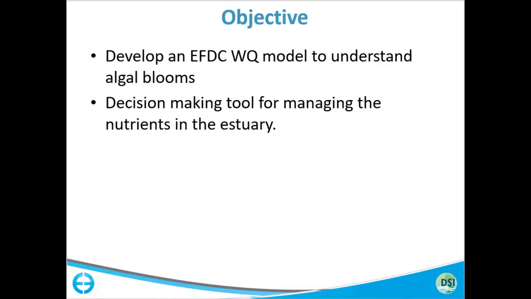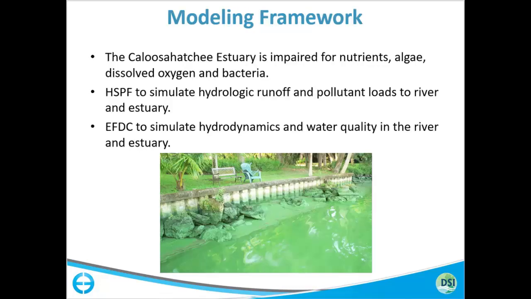The objective of this application was to create an EFDC model for TMDL studies, and the client would use this EFDC model as a decision-making tool for managing nutrients in the estuary. The big problem in this estuary was that they had huge nutrient issues and major algal blooms.